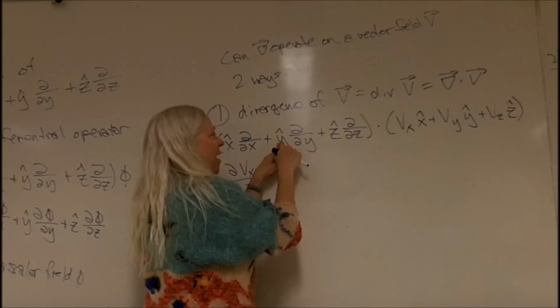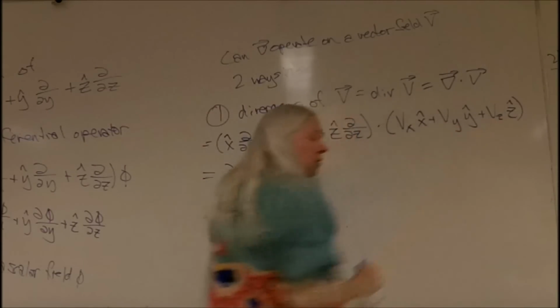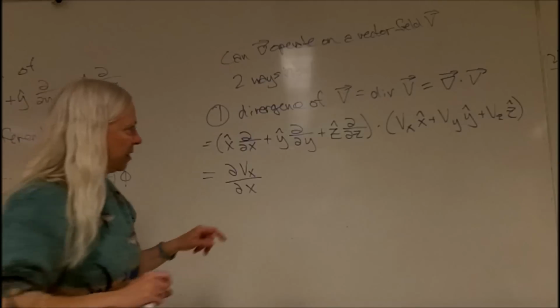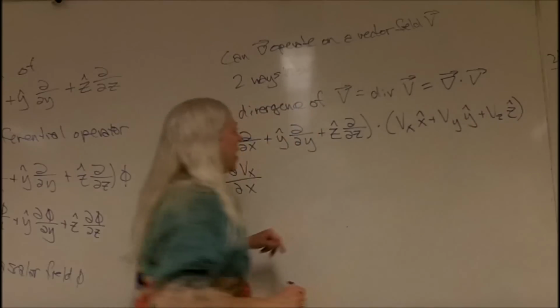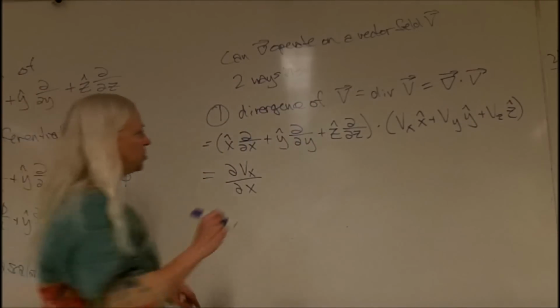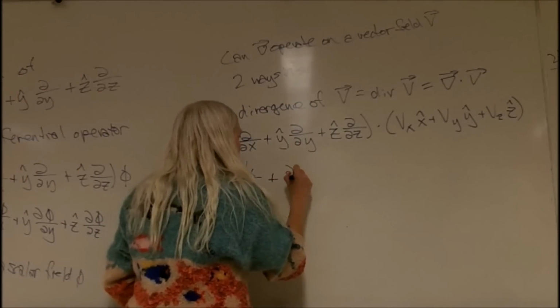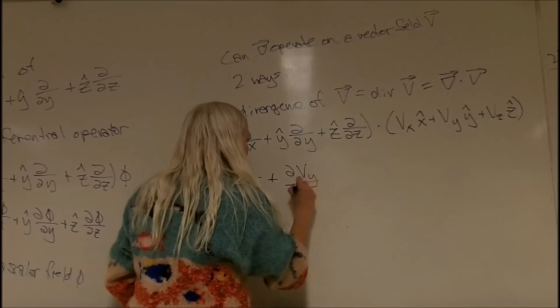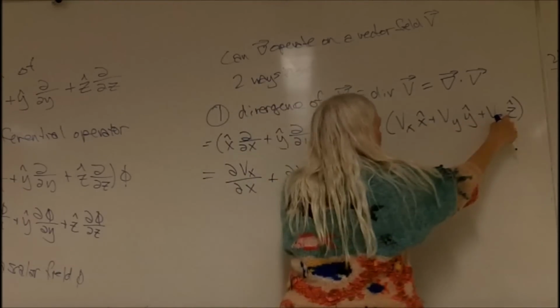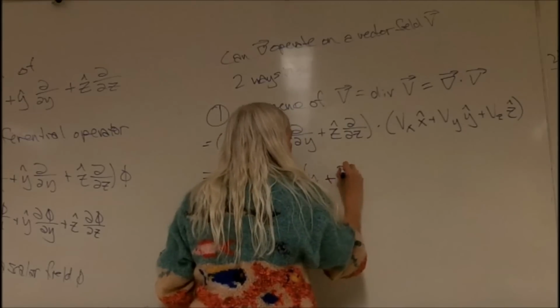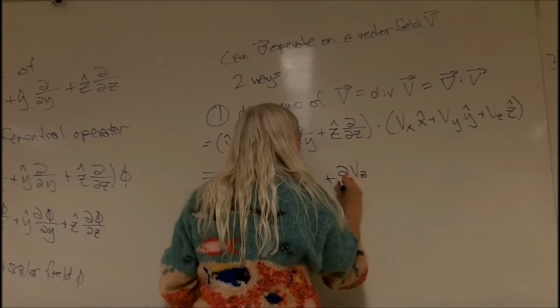When I dot y hat into x hat or z hat, of course, I get 0 because they're perpendicular. The only non-zero one will be this dotted into this. Y hat dot y hat is 1, so this just gives me the partial derivative of v sub y with respect to y. And similarly, from this last term, the only non-zero term gives me the partial of v sub z with respect to z.